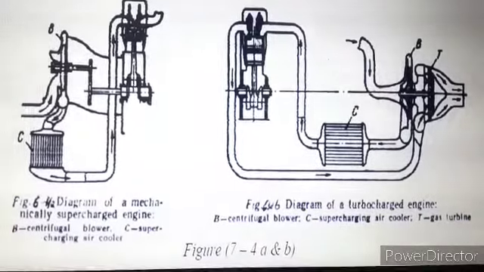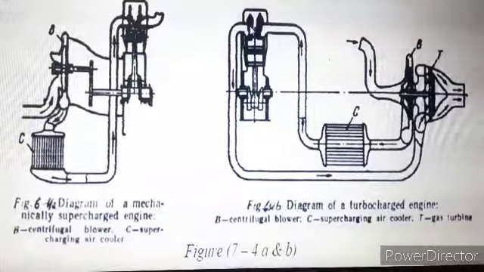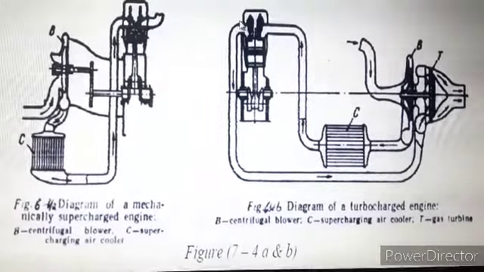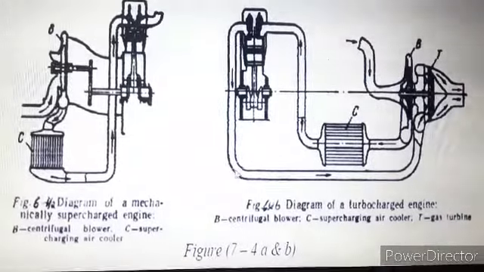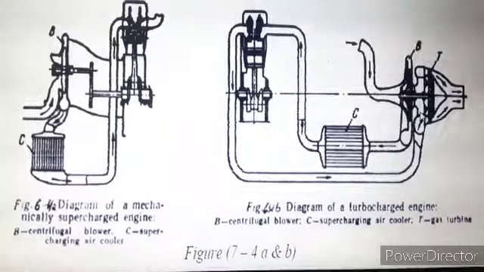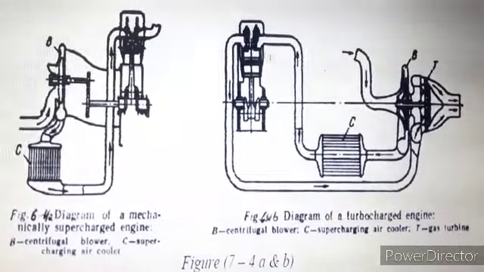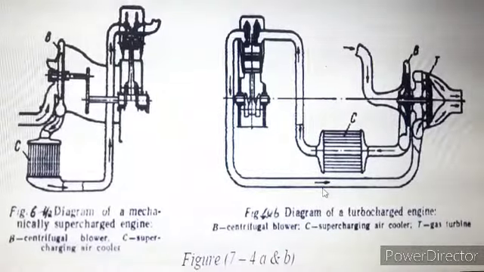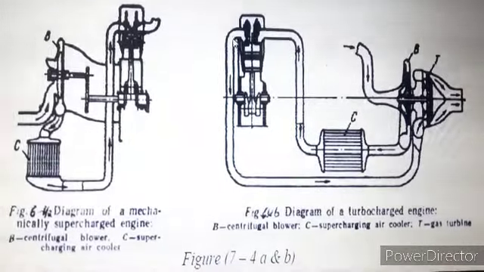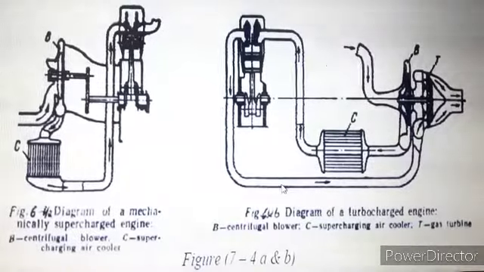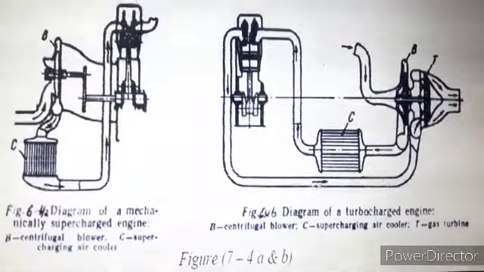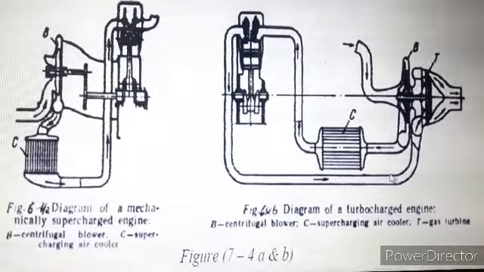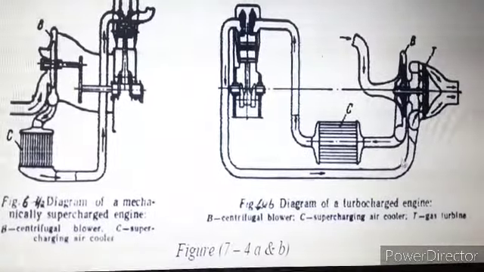The exhaust gases coming through the outlet of the engine are utilized in the turbine, so we can use the energy of this exhaust gas. When we conducted the trial on the engine, we know the temperature of this exhaust gas is very high, around 300 to 400 degrees Celsius, which means it has very high energy that we can utilize.